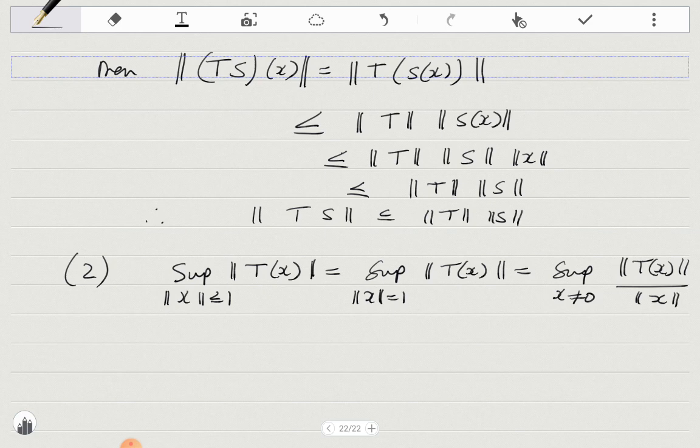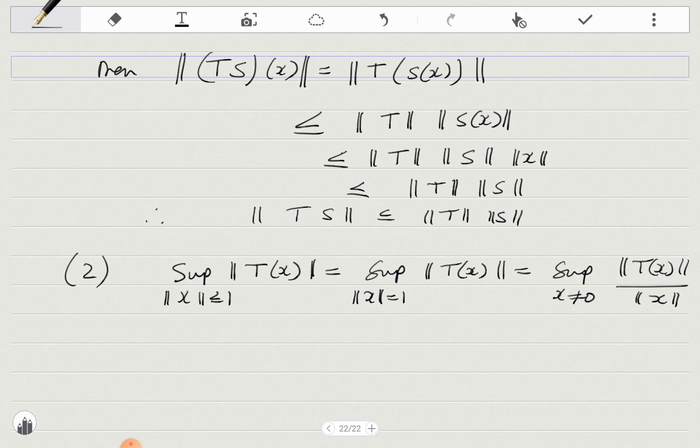This is just an exercise in the definition of the supremum of a set, and of course the only property that we need of T is that it's linear. Linearity and the definition of sup will give these two equalities. So I won't prove this. I leave it as an exercise.